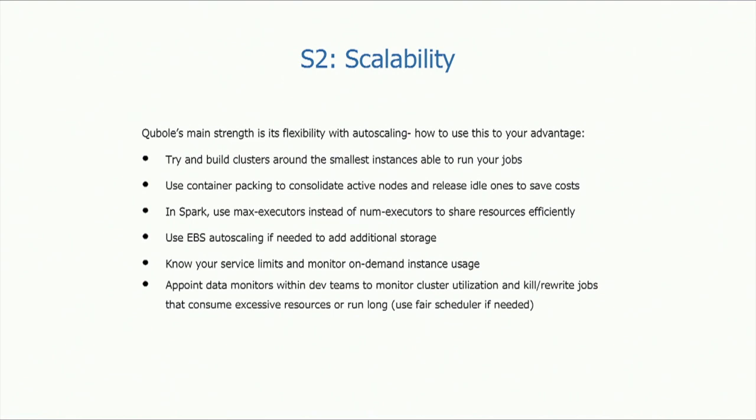So another way to help with that is number 2 here, use container packing to consolidate active nodes and release idle ones to save costs. Basically, this means that it's constantly polling the cluster and looking for nodes that are actively doing things. And if it is, it'll swap HDFS blocks from other nodes onto those nodes so that it can release the other ones and basically get the cost back from having to run those additional nodes.